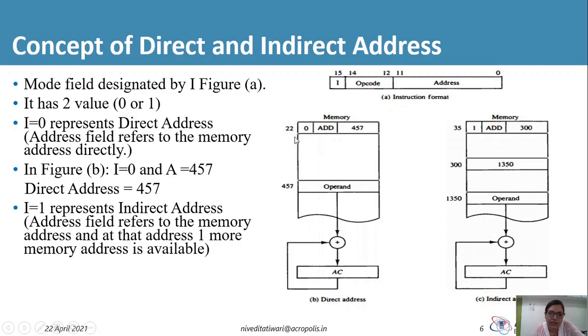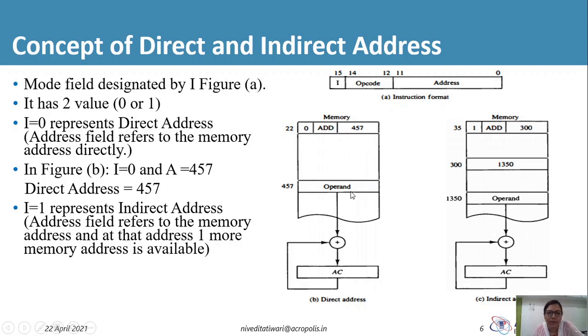This instruction is stored in memory, and the value of this address field is directly referred to a memory location. In that case, the direct address is equal to 457, that is available in the memory.